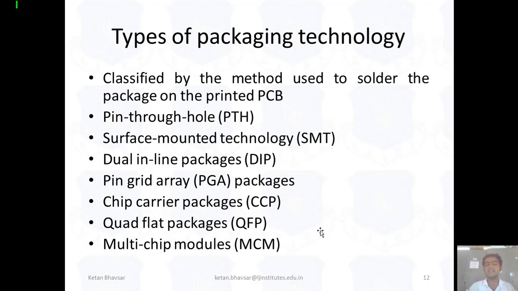We definitely see DIP chips, because your Arduino Uno board, your ATmega32, ATmega328, PIC microcontroller and 8051 are all based on DIP. Even in terms of quad packages, you can see them right now with the Arduino board. Pin through hole and surface mounted technology we have already seen in our motherboards, and multi-chip modules are also available right now, which you can see in your smartphones.